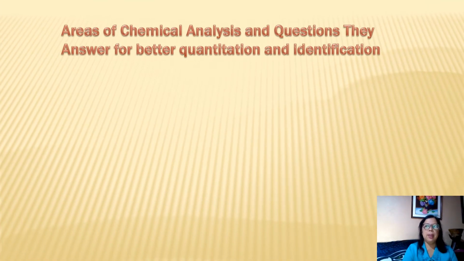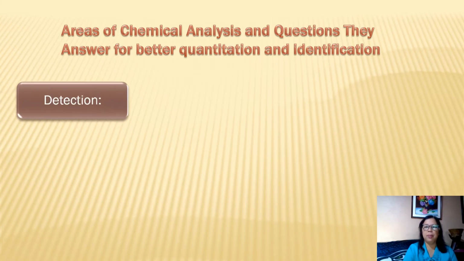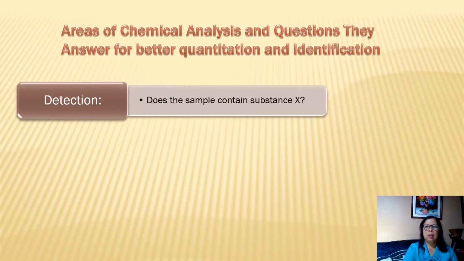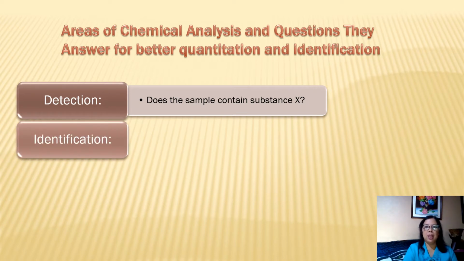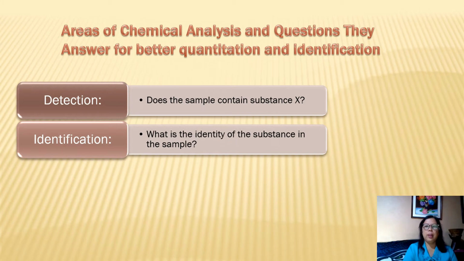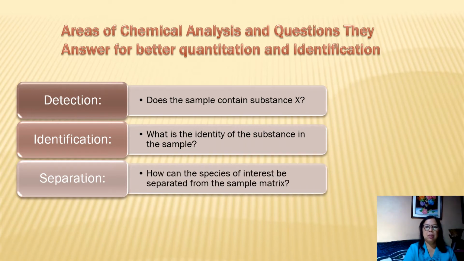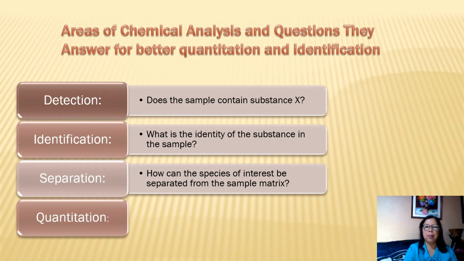Areas of chemical analysis and the questions they answer for better quantification and identification. Detection: does the sample contain substance X? Identification: what is the identity of the substance in the sample? Separation: how can this species of interest be separated from the sample matrix?